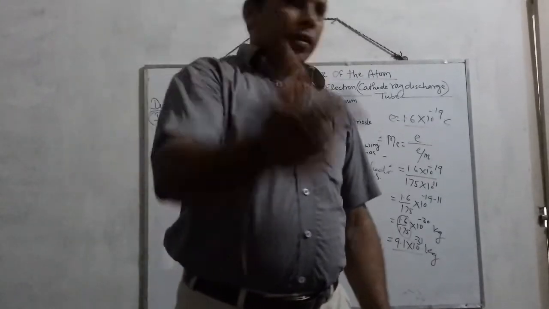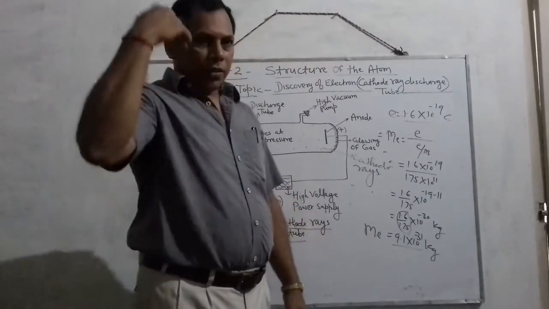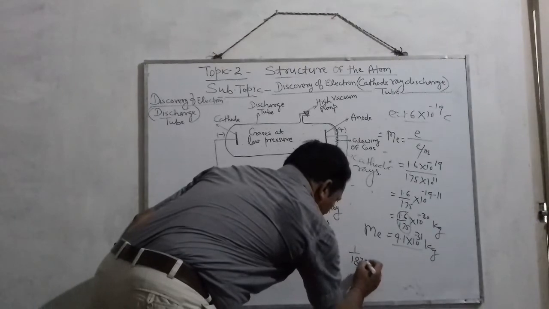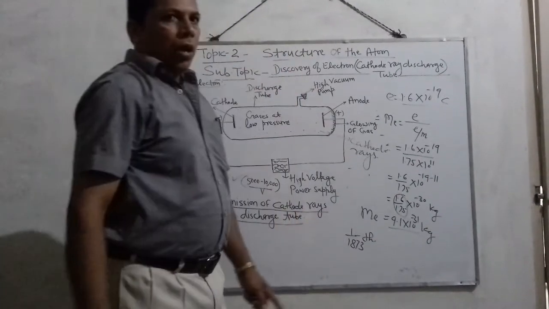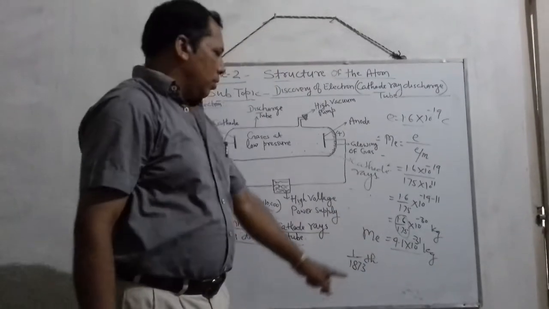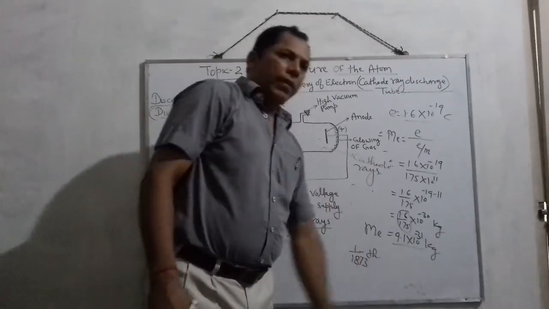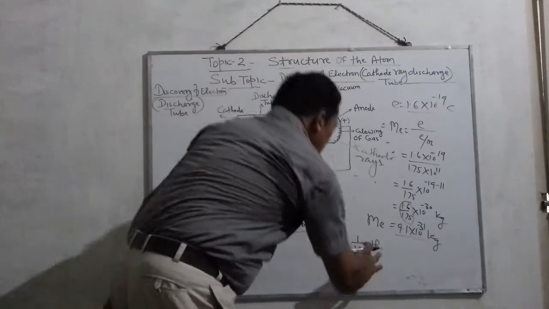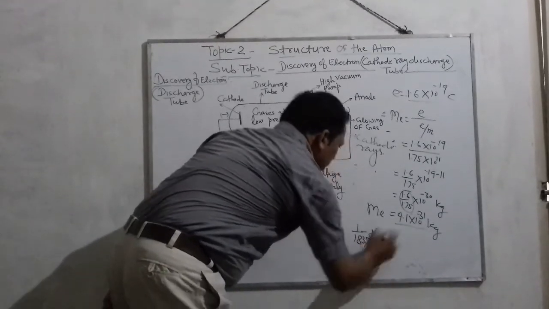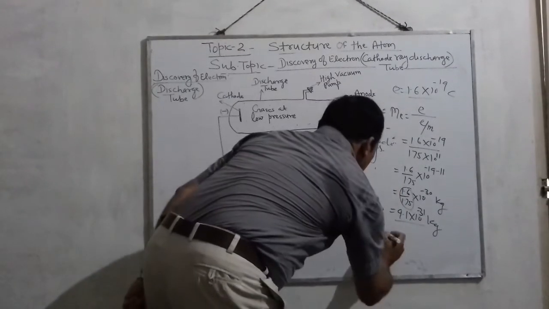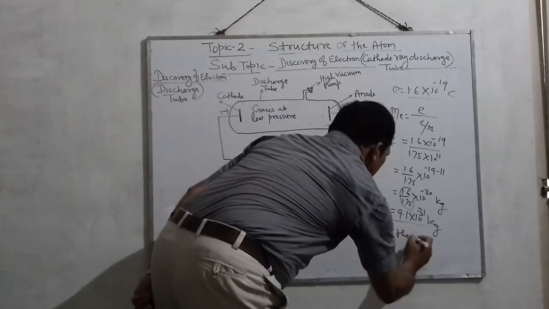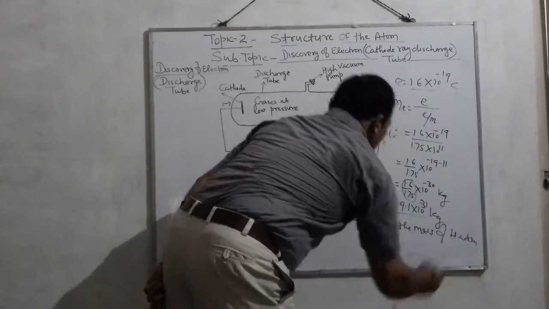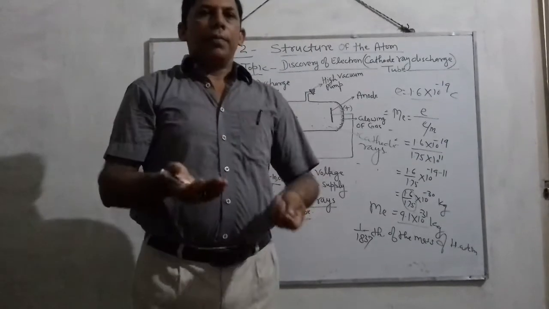The mass of the electron, 9.1 into 10 to the power minus 31 kilogram, is nearly equal to 1 upon 1837th of the mass of a hydrogen atom. You must remember this point: the mass of the electron is 1 upon 1837th of the mass of a hydrogen atom, which is almost negligible.